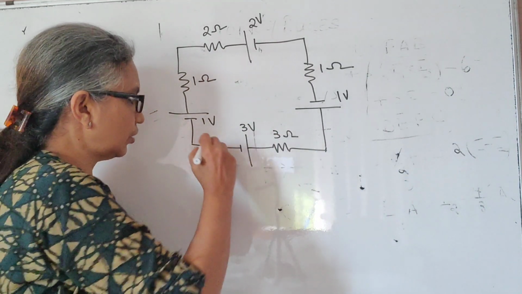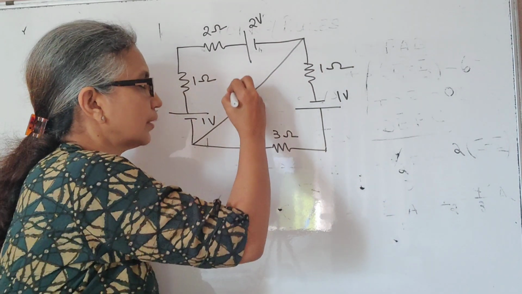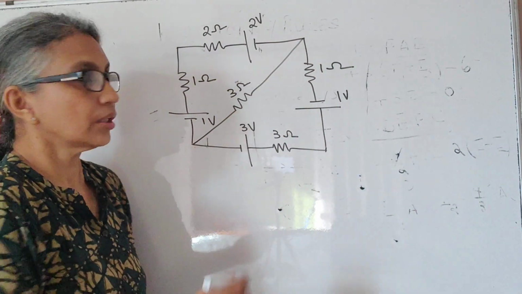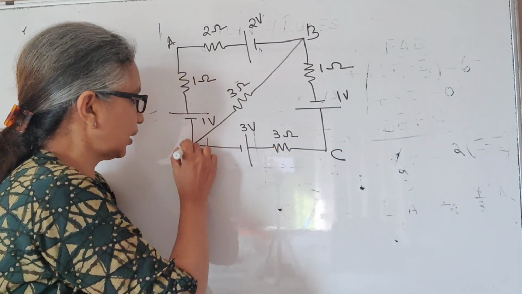Okay, and then we have one resistance connected like this, which is a 3 ohm, right? Now let's call this A, B, C and D.